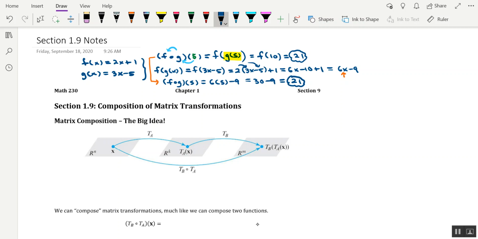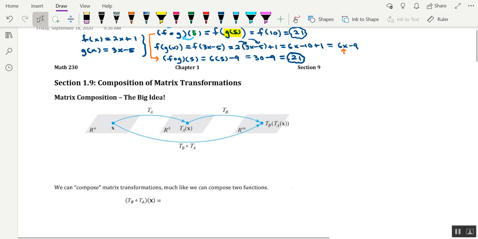You'll see some connections between matrix transformations and ordinary functions, but when you compose matrix transformations, it's a little bit different than taking a matrix and plugging it into another, and that's because of how matrix transformations are defined.